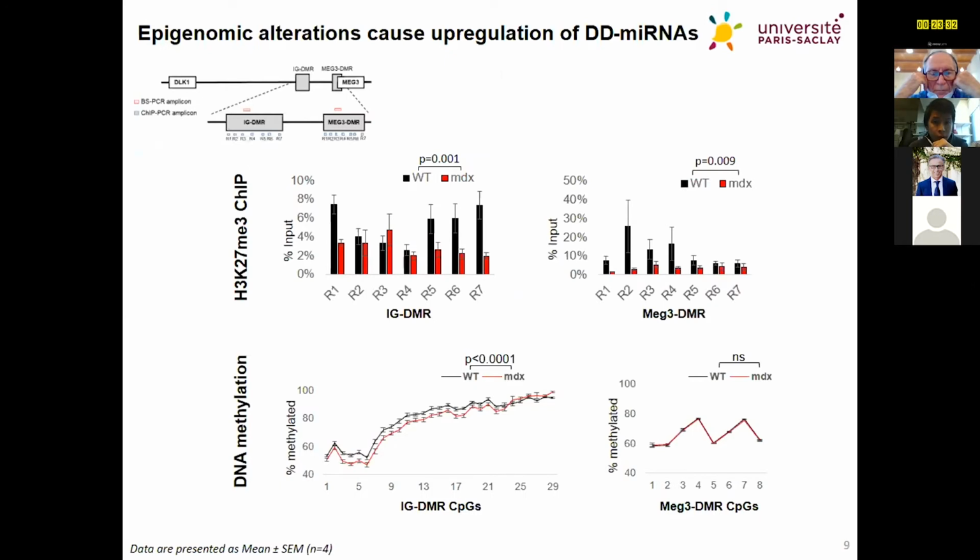And what we found is that, corresponding to the upregulation of the locus, we have a reduction of the repressive marker, the repressive histone marker H3K27 trimethylation, and also a reduction in DNA methylation in one of the most important regulatory sequences, IG-DMR.